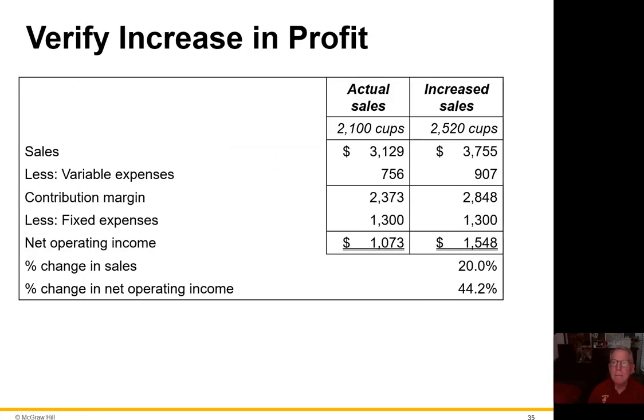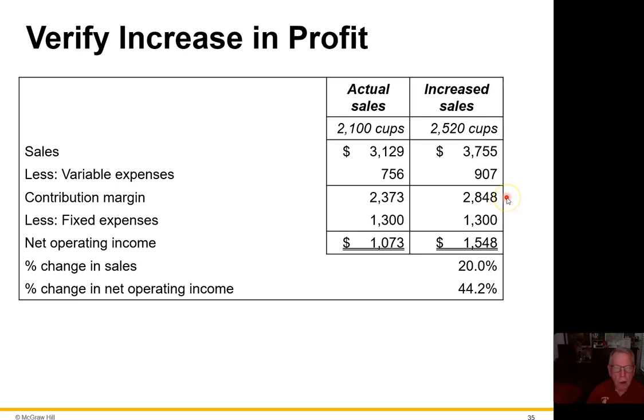Okay. So we can verify that simply by taking the 2,100 cups and increase it by 20%, multiply by 1.2, and that gives us 2,520 cups. We multiply that through times the per unit variable and selling prices.